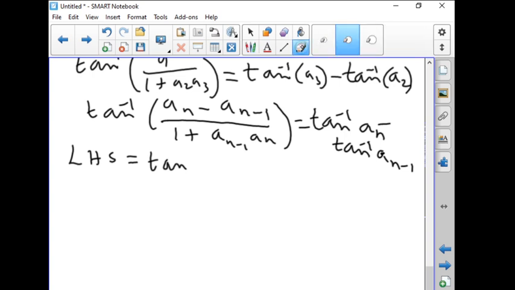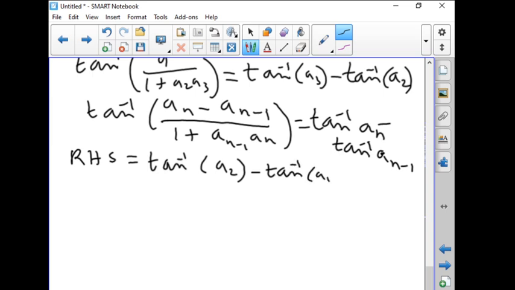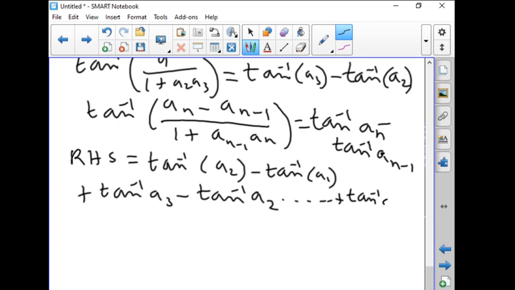Right hand side when we add, it will be tan inverse of A2 minus tan inverse of A1, then plus tan inverse of A3 minus tan inverse of A2, and similarly the last one, tan inverse of An minus tan inverse of An minus 1.